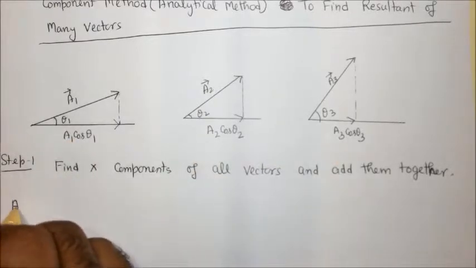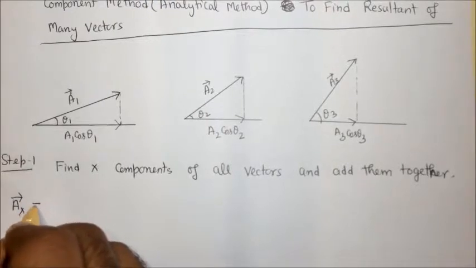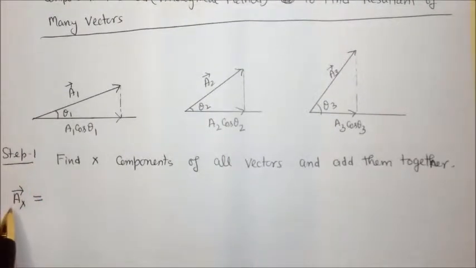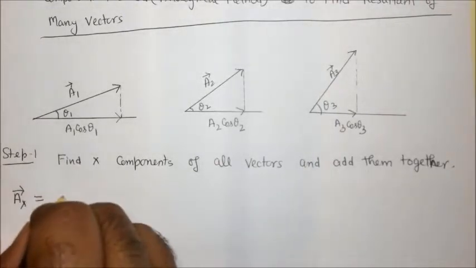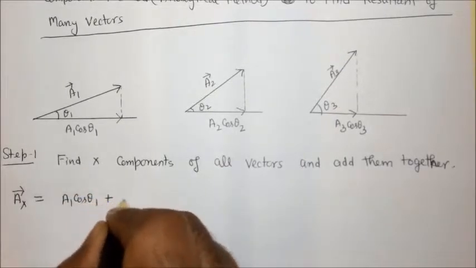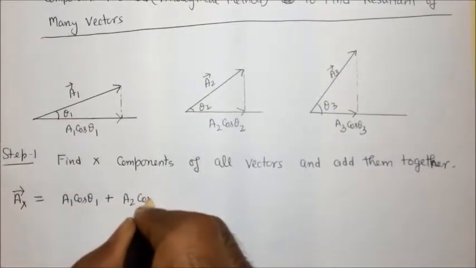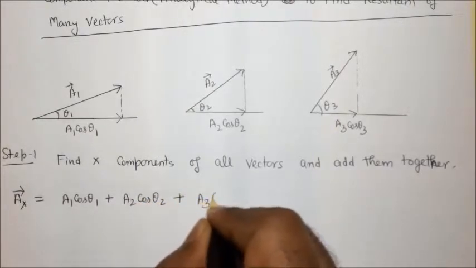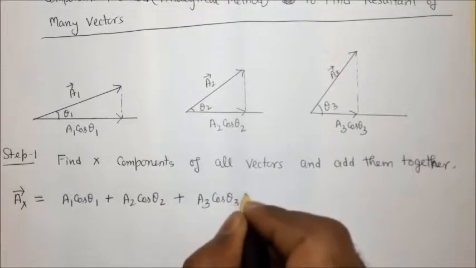So what is the sum of all? Suppose we call it AX, or RX, any name we can give. AX is going to be A1 cosine theta 1 plus A2 cosine theta 2 plus A3 cosine theta 3.